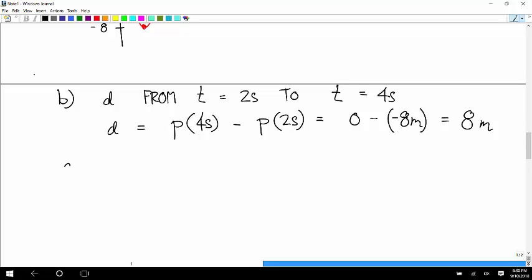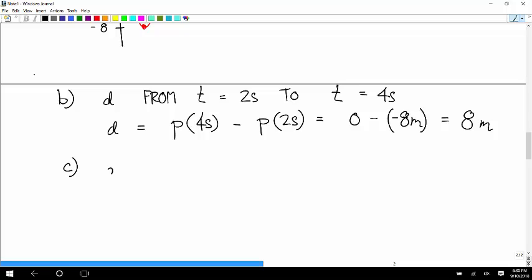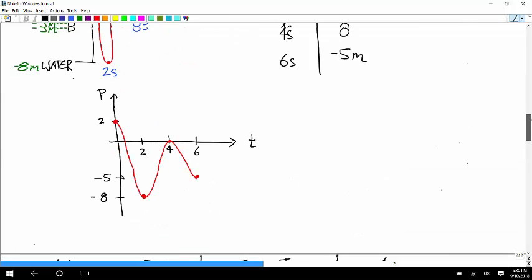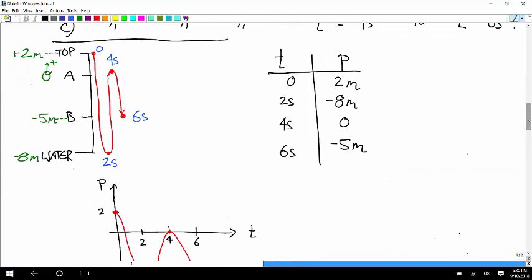So now let's do the same thing, but from time 4 seconds to time 6 seconds. Okay, so let's look at the picture and predict what we're going to see.